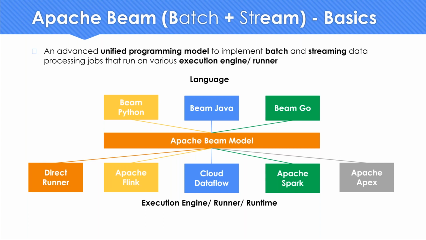Is this diagram clear, folks? What it's going to do, basically? What is Apache Beam? We started with enterprise Lambda architecture. To resolve that, you can use Apache Beam, which can handle both batch and stream data.